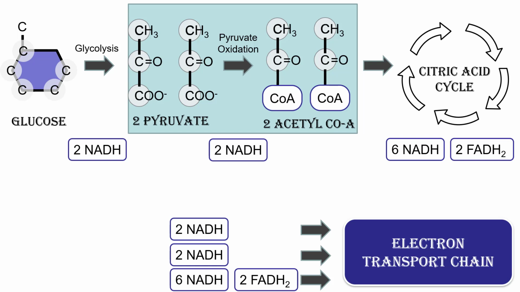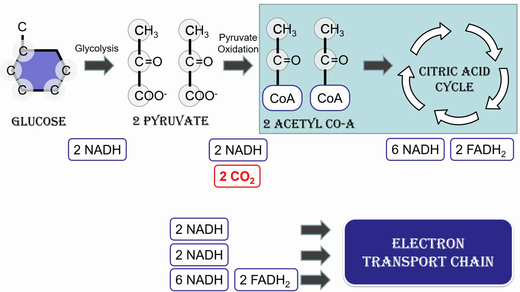The CoA doesn't have the carbons that we're looking at from glucose. It simply shuttles the acetyl group from one part of cellular respiration to the next part. So the pyruvate molecules have 6 carbons, the acetyl groups picked up by CoA have 4 carbons, and so we know that those 2 missing carbons are released as carbon dioxide.